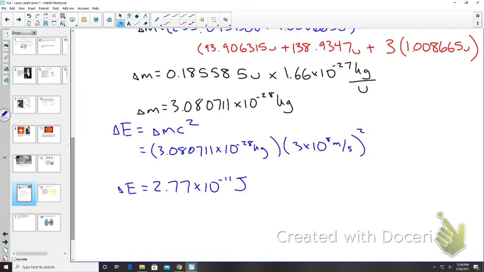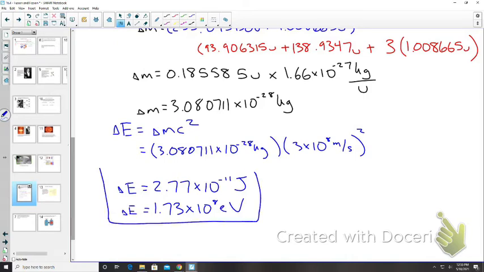Or if you want to put this into electron volts, you would divide this by 1.6 times 10 to the negative 19, which is equal to 1.73 times 10 to the 8 electron volts.